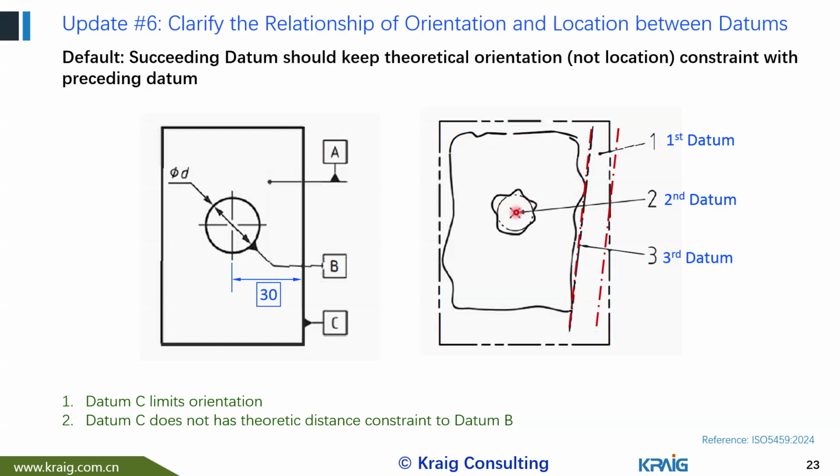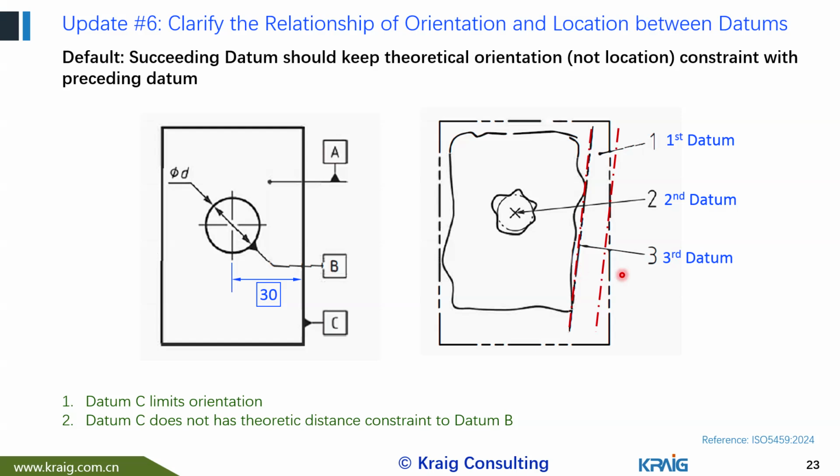So currently this part is sitting on datum A and then fixed to datum B, but this component can still be rotated, right? It's still allowed to rotate. So lastly, we are going to use datum C to limit the rotation.